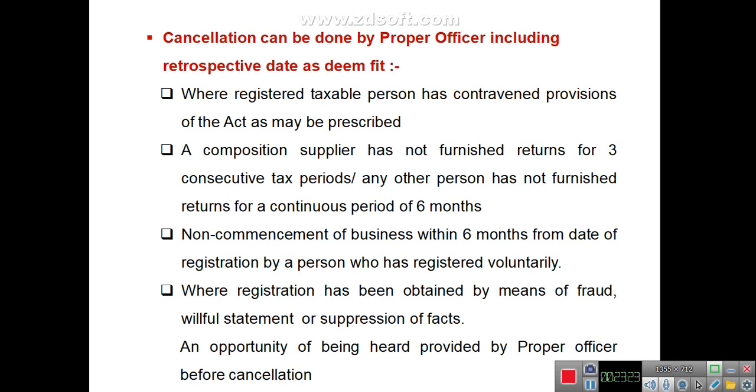Cancellation can be done by the proper officer, including with retrospective date, if the registered taxable person has contravened provisions of the Act.